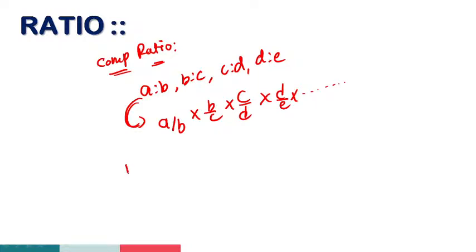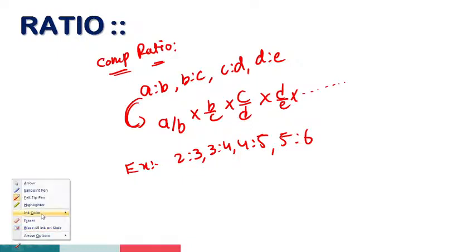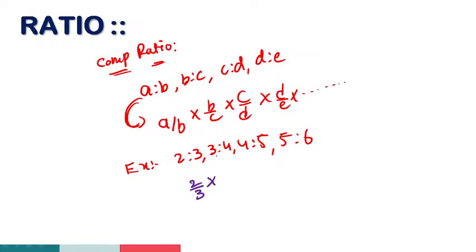Now, for example, 2 is to 3, 3 is to 4, 4 is to 5, 5 is to 6. Find out the compound ratio. 2 is to 3 can be written as 2 by 3 into 3 by 4 into 4 by 5 into 5 by 6.